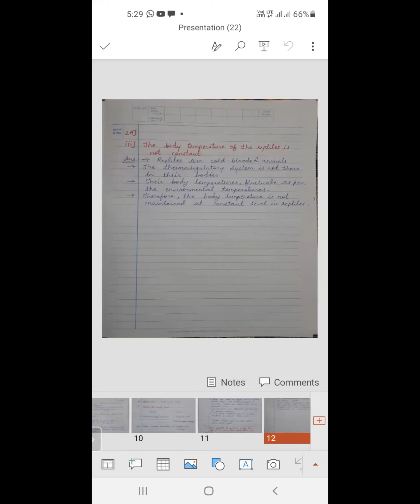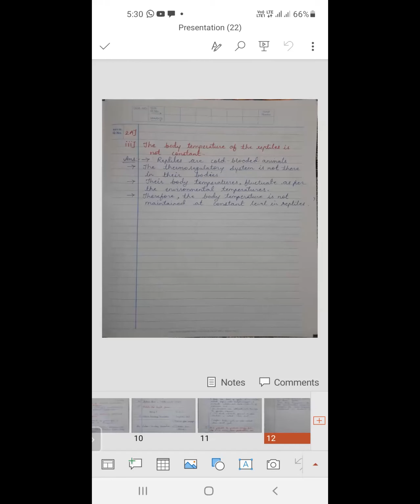First, reptiles are cold-blooded animals. First you have to write why the body temperature of reptiles is not constant, and how their body is. Reptiles are cold-blooded animals, so the thermoregulatory system is not there in their bodies. Their body temperatures fluctuate as per the environmental temperature.